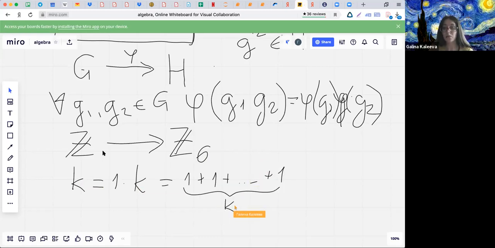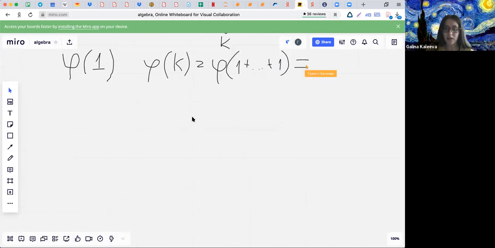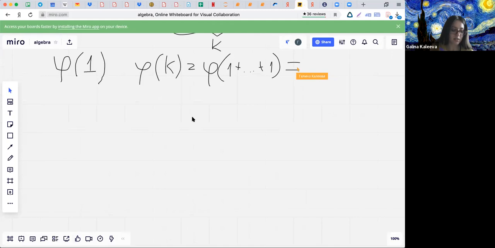So imagine I know the image of 1. Then how can we build the image of k? We write that k equals 1 plus 1, etc. Knowing that we have a homomorphism, we can write down something like that.